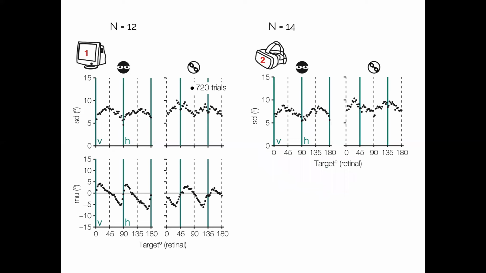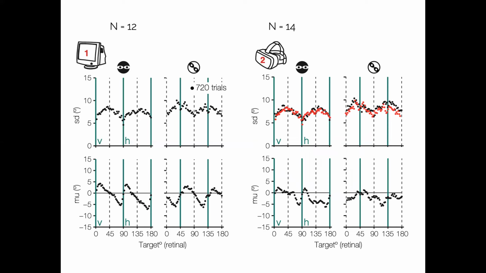So now if we look at these data, again, we start with the oblique effect. If the oblique effect is hardwired, which we believe it is, there is no reason to suspect that the data would look any different with or without context. And if we overlay these data, this is indeed more or less what we see. Now if this repulsion effect is really tied into the oblique effect, then we would expect it to look similar to what we saw in the first experiment as well.